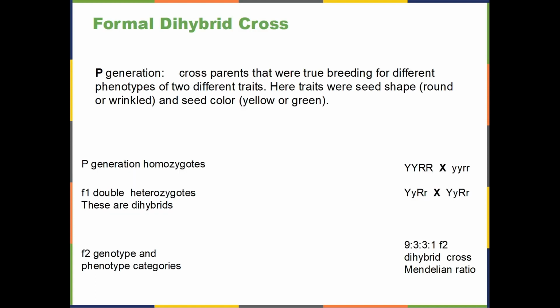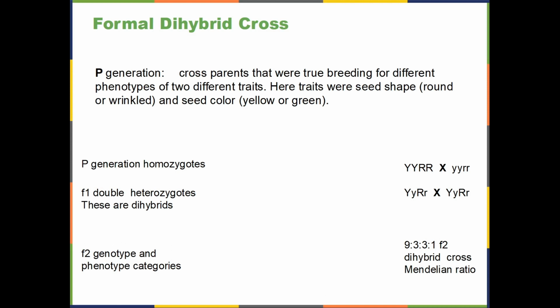All right, so a dihybrid cross. In the parent generation, you cross parents that are true breeding for different phenotypes of two different traits. So dihybrid, instead of monohybrid, we're talking about two traits at a time. For example, seed shape, round or wrinkled, and seed color, yellow or green.